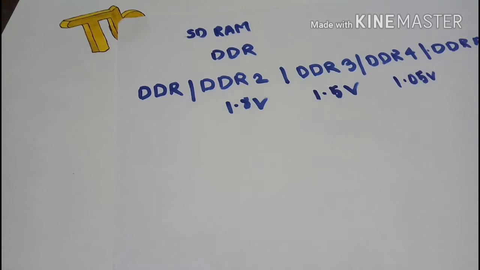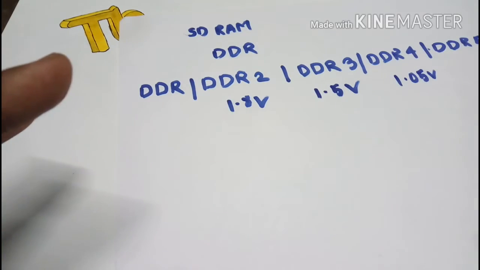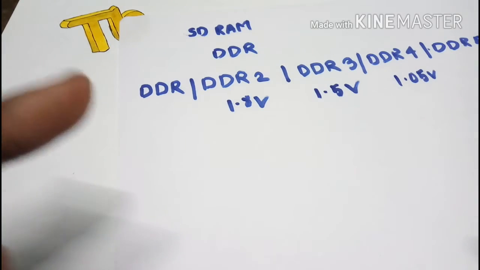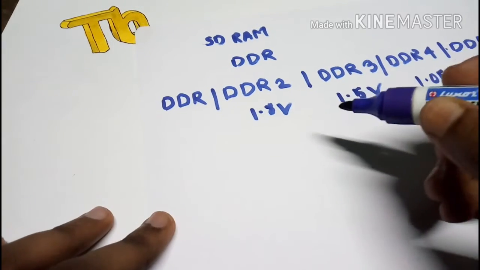The next thing that we need to know is the clock speed. Why we need to know the clock speed of the RAM, I'm going to tell you, but before that let me write the clock speeds.